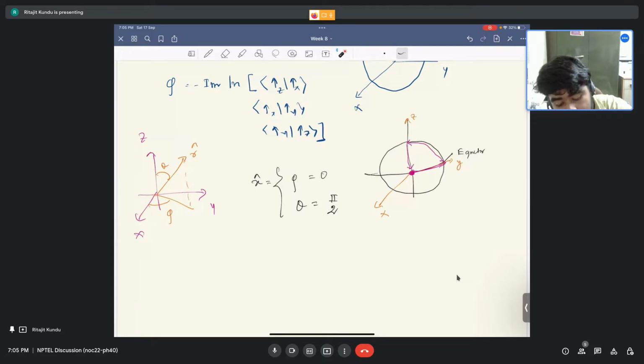Now let's say I want to go to the y-axis. For the y-axis, the phi is pi by 2, and theta is also pi by 2.